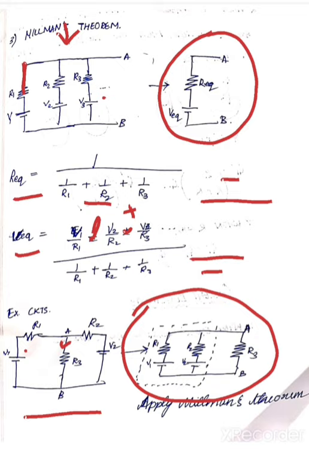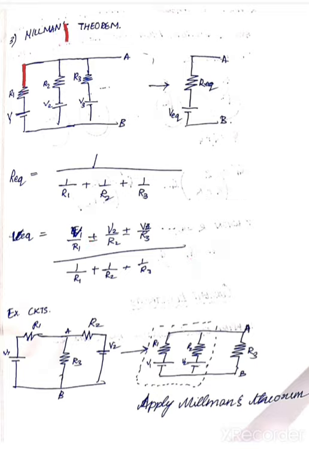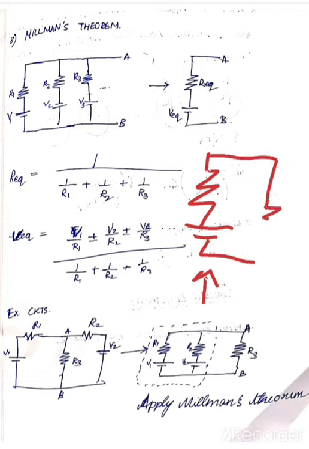After rearranging, we can directly apply Millman's formula. It is very simple, as only two resistances are connected. You end up with one equivalent resistance and the voltage source connected to AB. This is A and this is B.